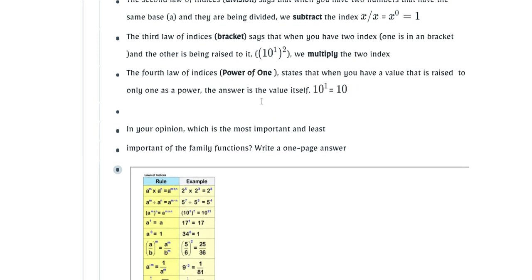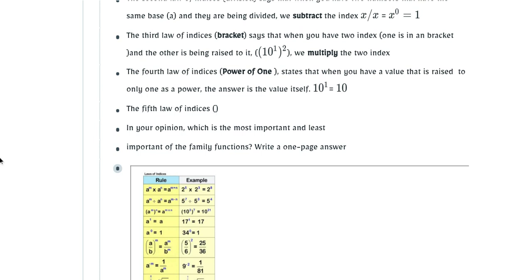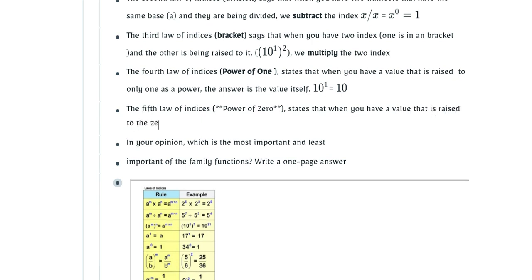Then the fifth law of indices, which we're going to call the power of 0, states that when you have a value that is raised to the 0 power, the answer will just be 1.